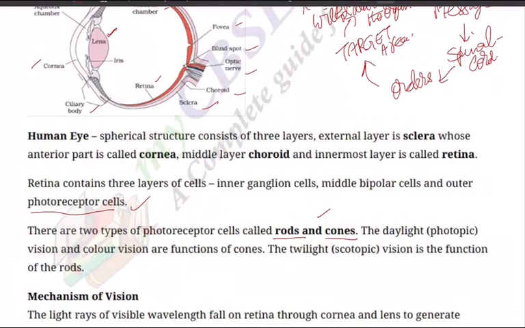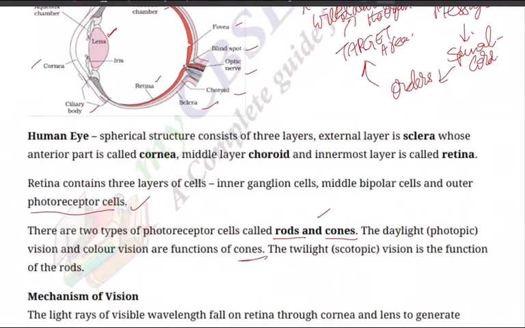So go to an ophthalmologist and check your eyes, so that when you clear your NDA exam, UPSC, SSB is over, and you go for the medical, you should not have any problem with this. And see whether you are able to see all the colors. Sometimes there is something called color blindness related to rods and cones. Unfortunately, some of our students got this, so it is better to check now.